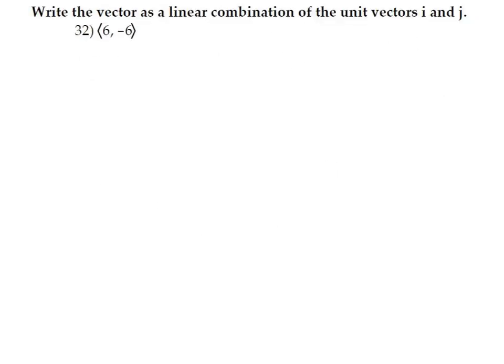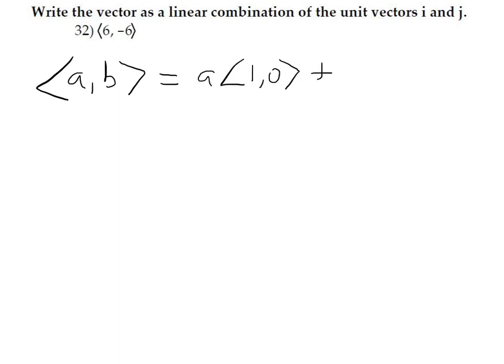Write the vector as a linear combination of the unit vectors i and j. Essentially, this is to decompose this vector into horizontal and vertical components. So the vector a comma b can be rewritten as a times the vector 1 comma 0 plus b times the vector 0 comma 1.